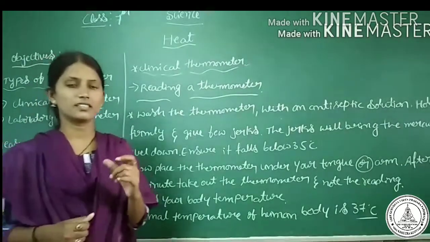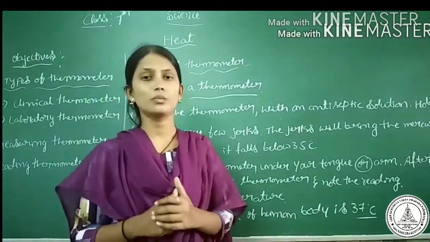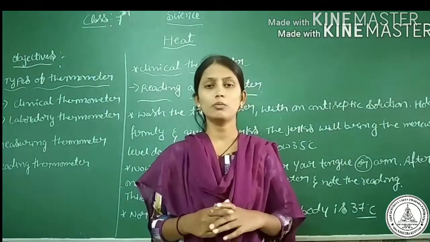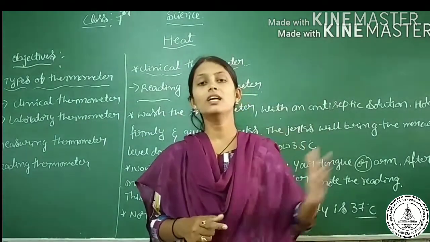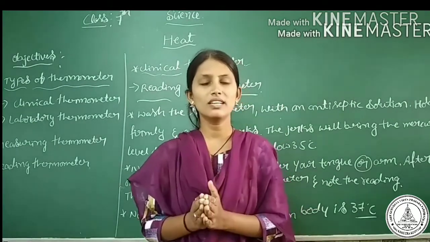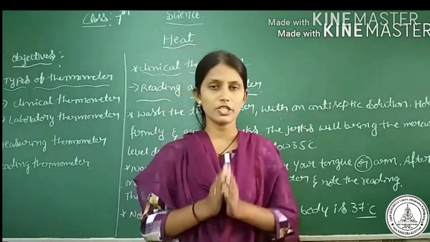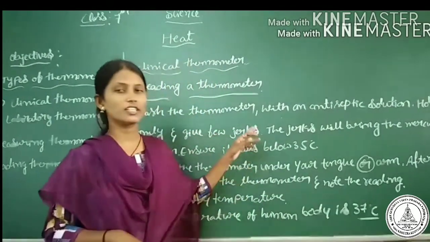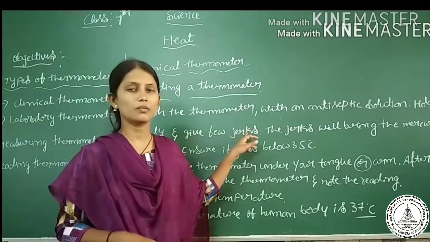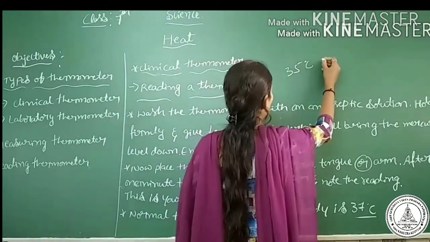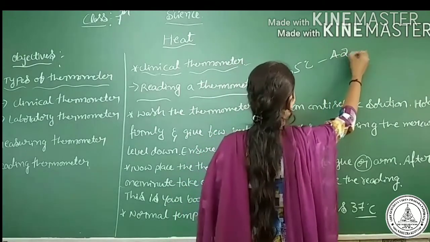The clinical thermometer is designed to measure the body temperature of humans and animals. This clinical thermometer should not be used for measuring the temperature of any objects. We should use it only for measuring the body temperature of humans. And also, as I said before, the range of the clinical thermometer starts from 35 degrees Celsius and goes up to 42 degrees Celsius.